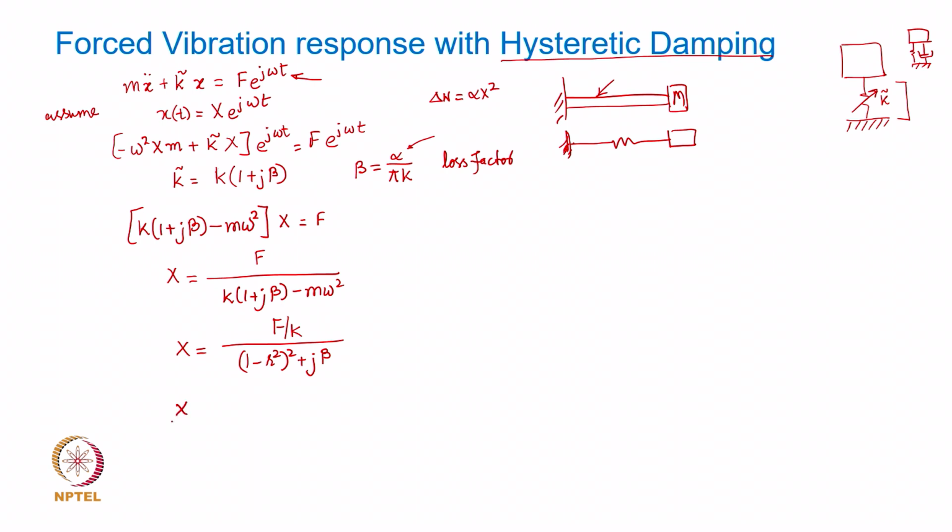And we know that this is what? Dynamic magnifier. 1 minus r square whole square. No, this is going to be only 1 minus r square, not whole square. I am sorry for this. It is going to be only 1 minus r square, and then plus j beta. Now, you can reorganize this again. I do not need to tell you how to reorganize this.